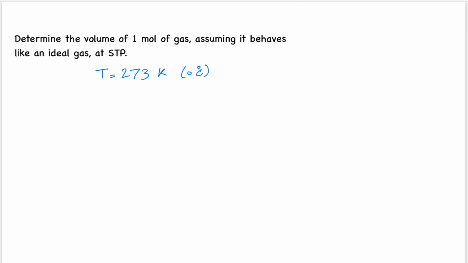And the standard pressure is 1 atmosphere, or we can write it as 10^5 newtons per meter square, or 100 kilopascal. So these are very important things to know. What do we mean by the STP?